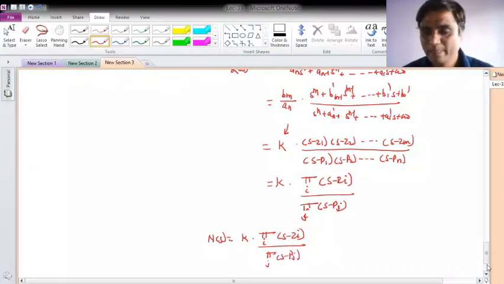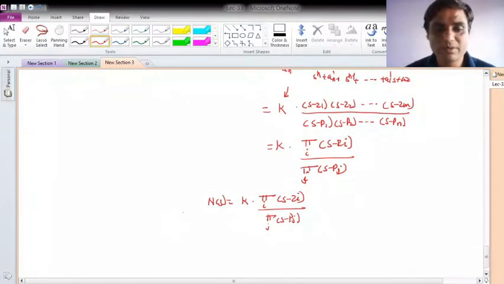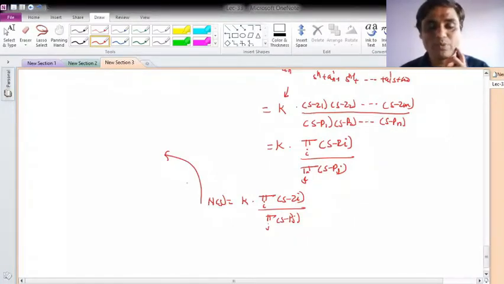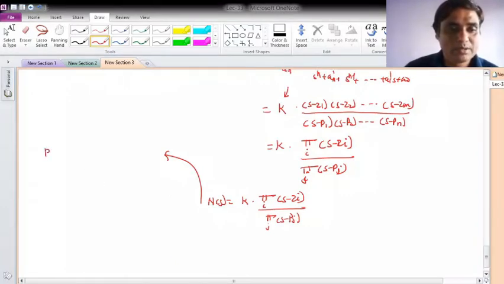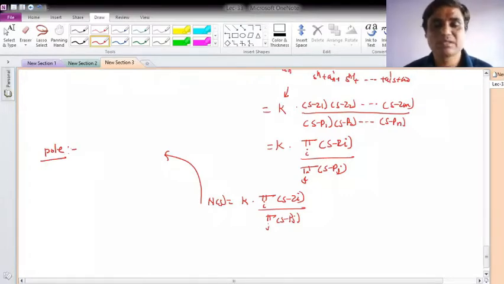Now from this it will be very easy for me to define the meaning of pole and zero. So let us define the term pole. A pole is the value of s for which your network function will blow up, or become infinite. So if you look at for which value of s N(s) becomes infinite, when I put s equal to pj here, at that time my network function will be infinite.